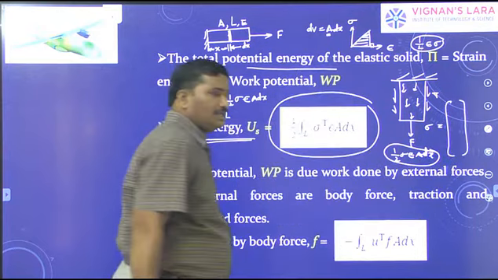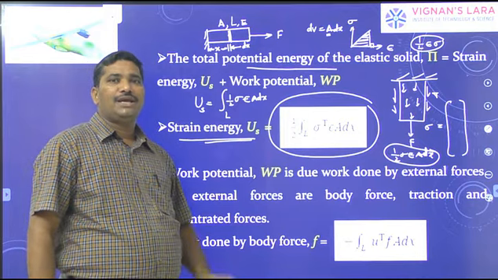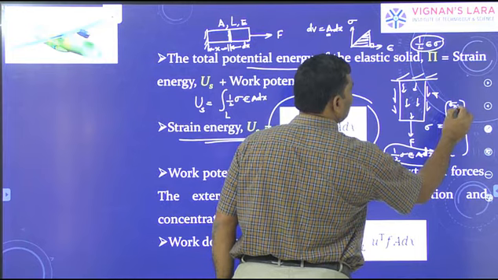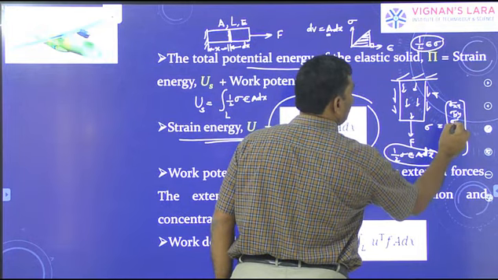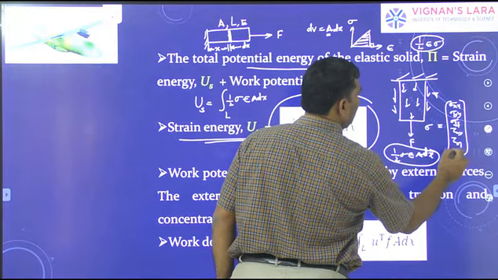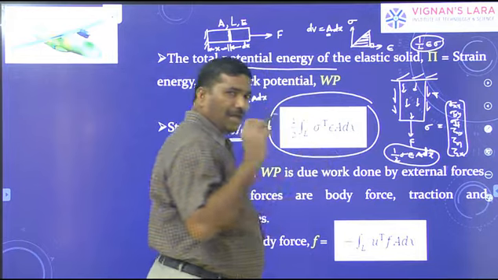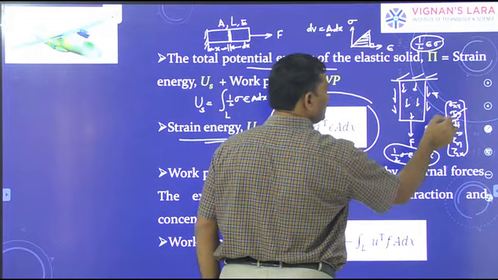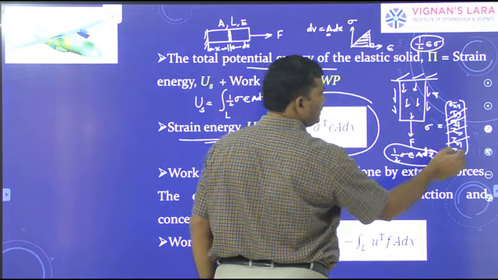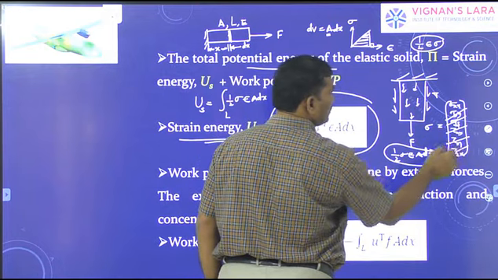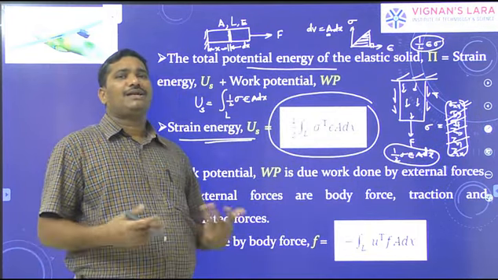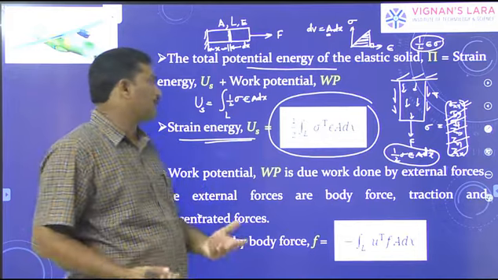In fact, the stress matrix sigma is a column matrix consisting of sigma xx, sigma yy, sigma zz, tau xy, tau yz and tau zx. But for one-dimensional problems, sigma yy is 0, sigma zz is 0, tau yx is 0, tau zx is 0 and tau zy is also 0. Therefore, sigma is simply sigma xx. Hence, sigma transpose is the same as sigma. You need not worry.